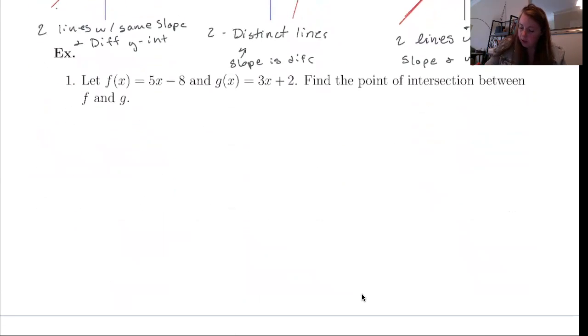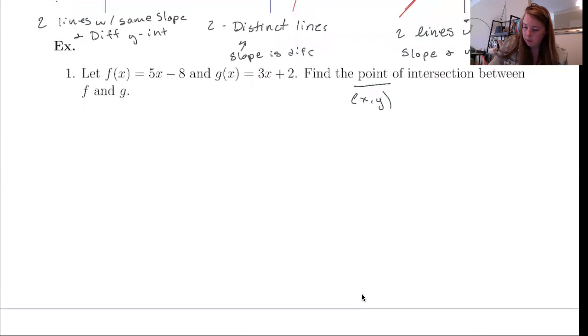So let's find the point of intersection between F and G, where F is 5x minus 8 and G is 3x plus 2. So the point, that means I want an x, y, all right?